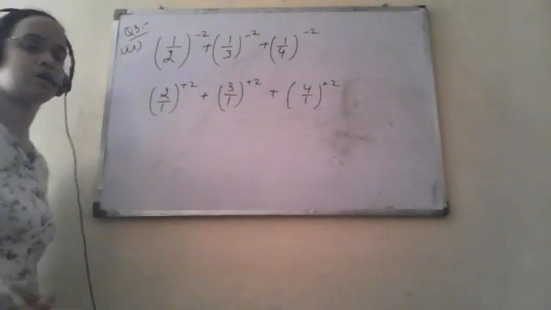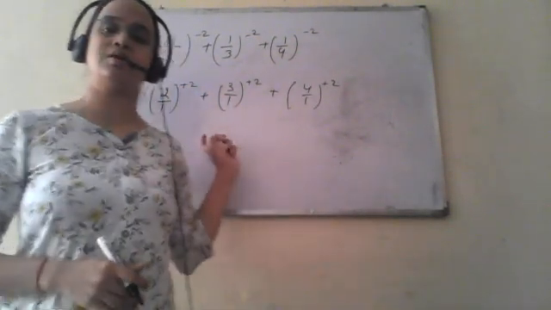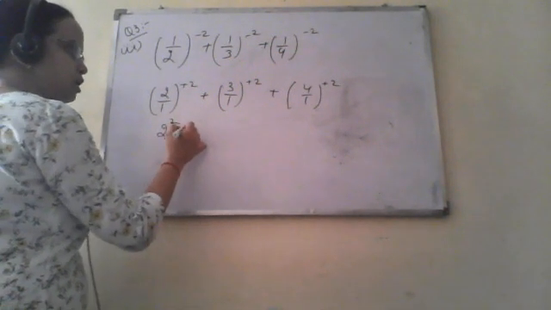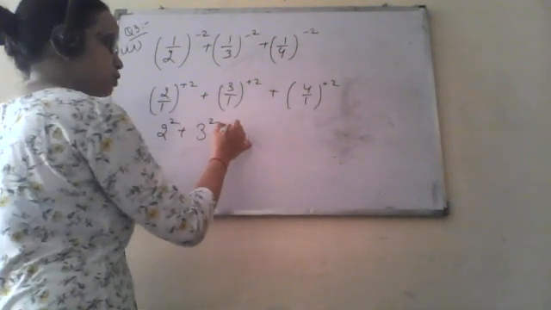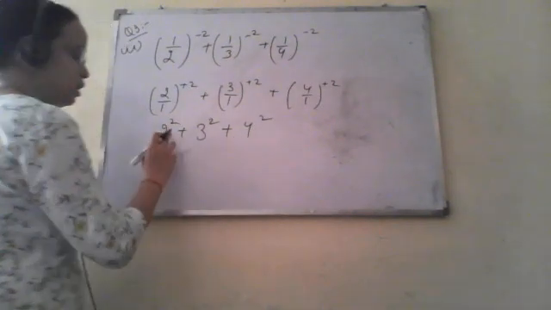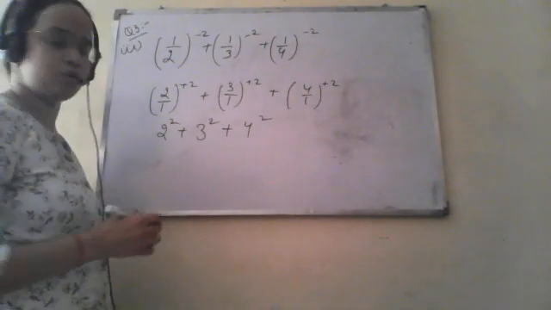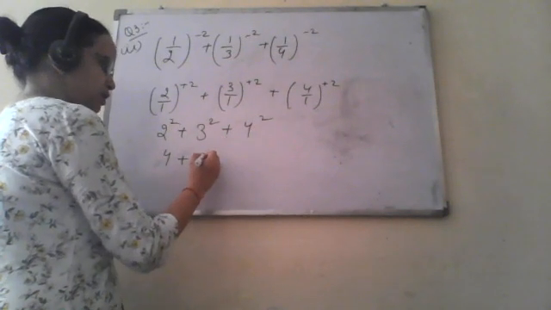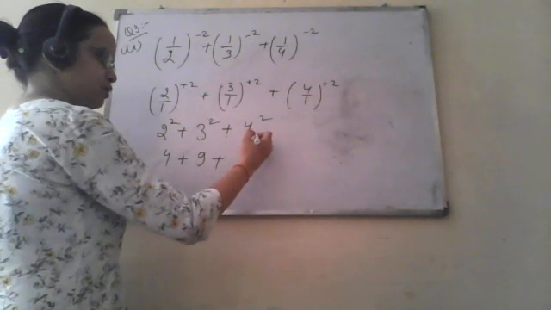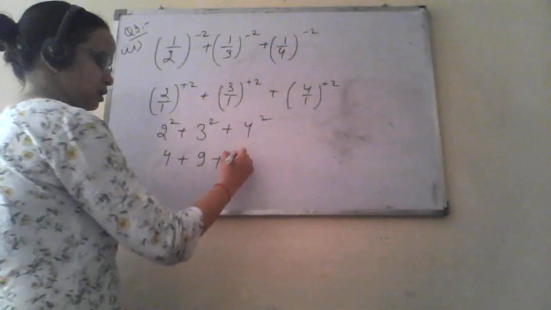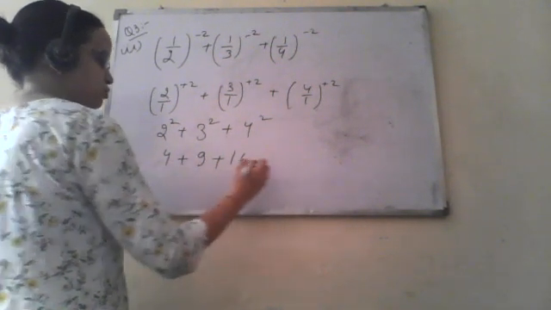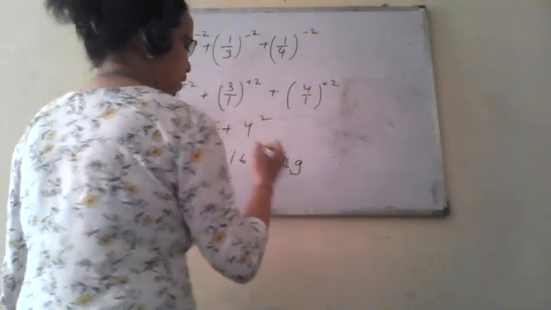The power gets converted into a positive exponent when we reciprocate the fraction. So it is 2 to the power 2 plus 3 to the power 2 plus 4 to the power 2. That is 4, 9 and 16. 16 plus 9 is 25, plus 4 becomes 29.